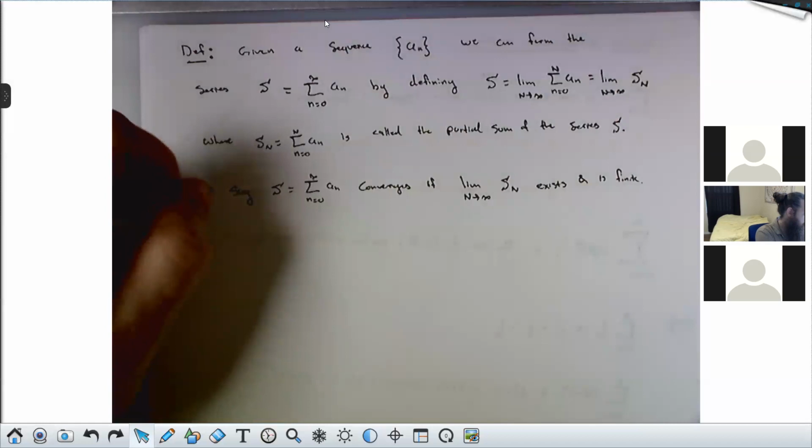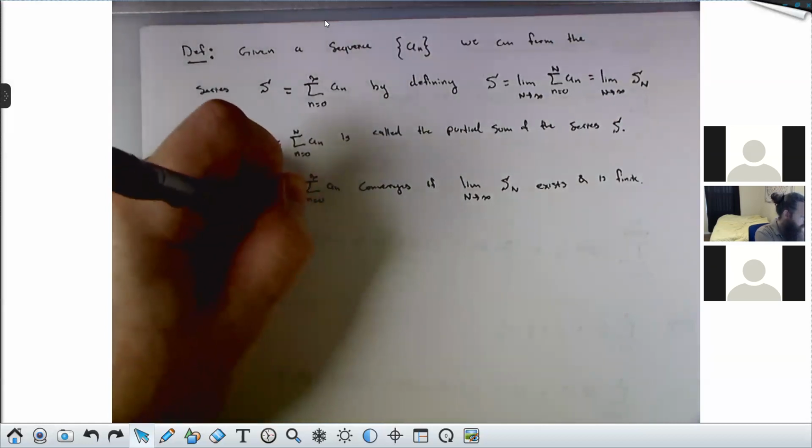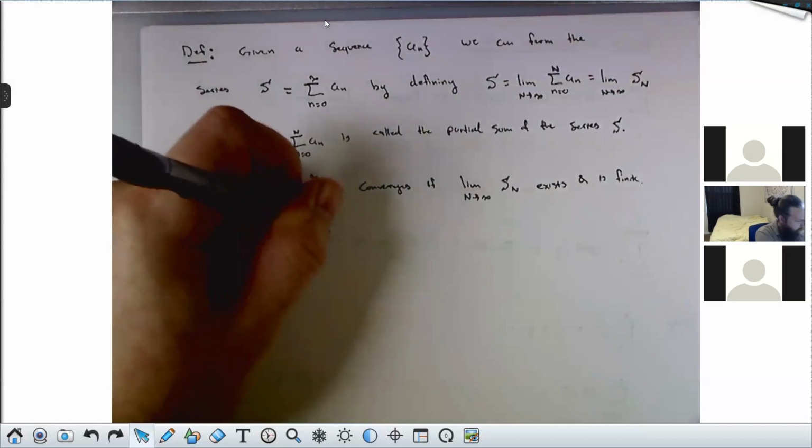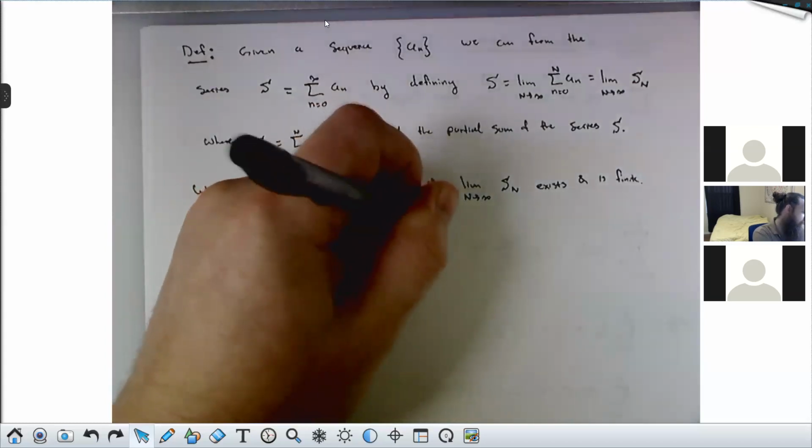That is, the sequence of partial sums is a convergent sequence.